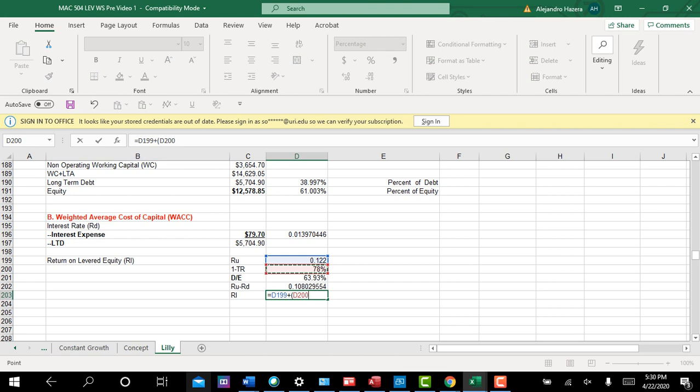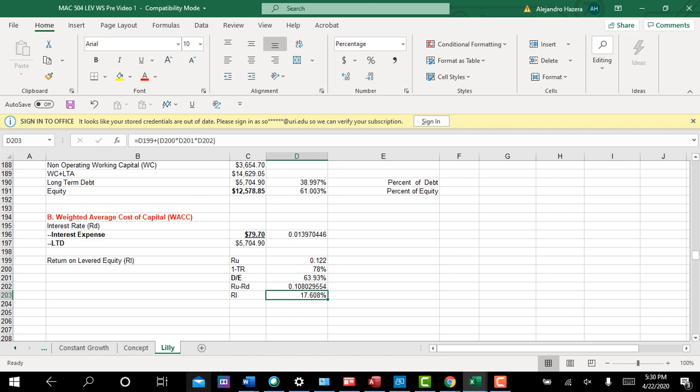So I'm going to take 12.2% and add to that the product of 1 minus the tax rate times the debt to equity ratio times the RU minus RD, so times that number right there. Close the parentheses and see what we get. In this case, the return on levered equity is 17.608.